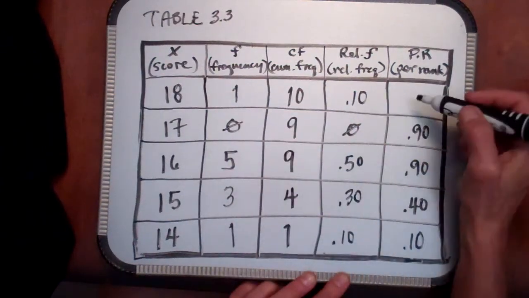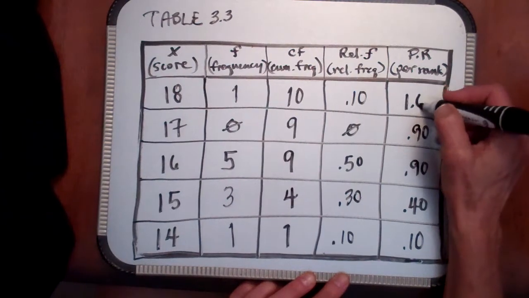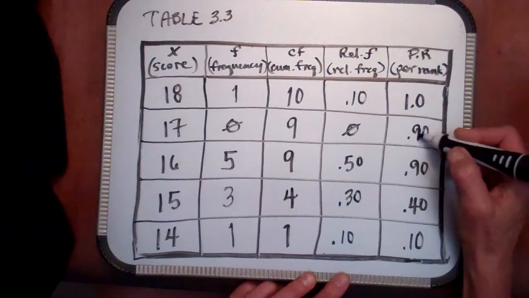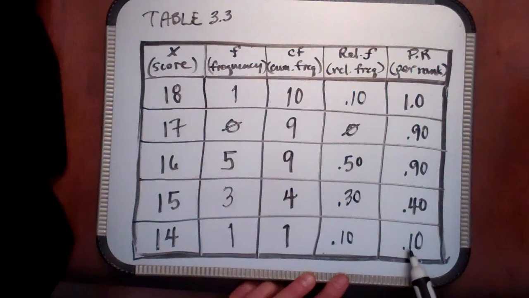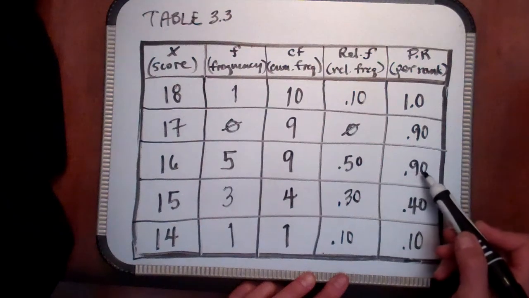And then by the age of 18, we see that all cases were accounted for, or 100%. Now, when I talk about percent, of course, I'm transforming the decimal into a percent. 0.10 is 10%, 0.40 is 40%, 0.90.